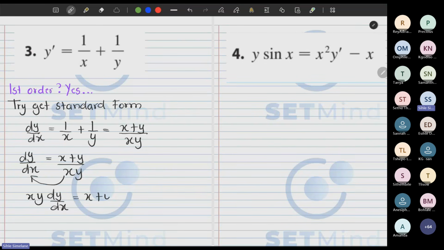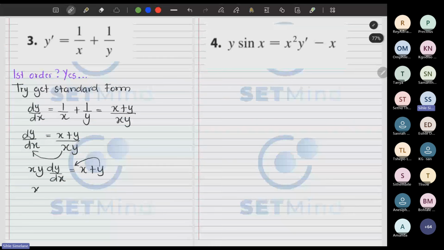equaling x plus y. So we know that usually we prefer the y to be on the other side according to our standard form. So now what I have is xy dy dx minus y. The x can afford to be on the other side. But what we know, guys, is that according to our standard form, we never want anything in front of the dy.